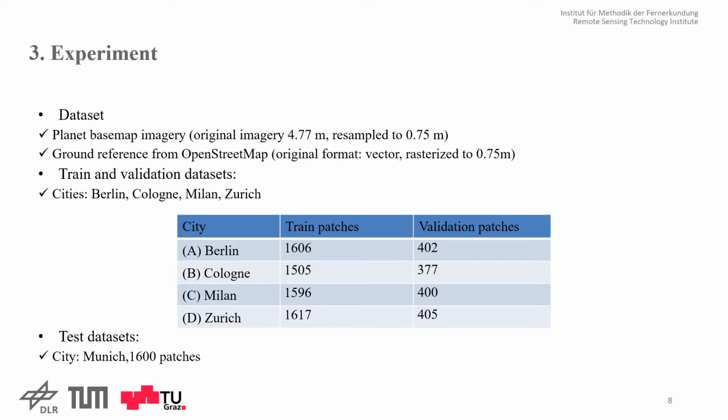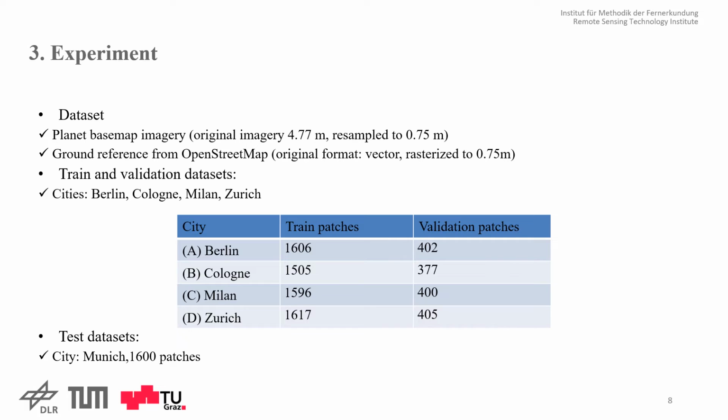In order to fully harness the high-level details of OpenStreetMap and assure that the reconstruction part is capable of recovering all those fine details, we first resample the satellite imagery to 0.75 meter spatial resolution, and then rasterize the corresponding building footprints from OpenStreetMap to the same spatial resolution. Afterwards, satellite imagery and their corresponding ground reference are cut into patches with a size of 256 by 256 pixels.